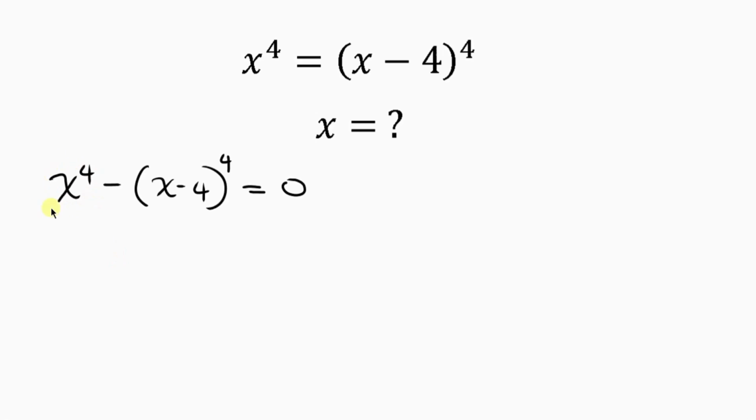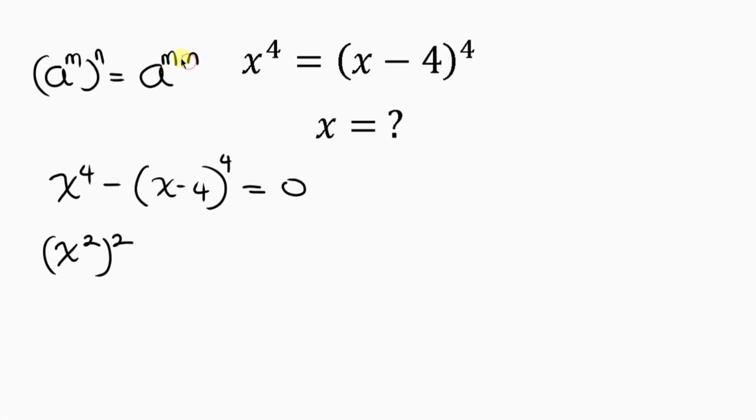Now, this expression here can also be written as (x squared) all raised to the 2. The reason is because from indices, when I have a to the m, and this is raised to the n, indices says the exponent multiplies. That means this is m times n.